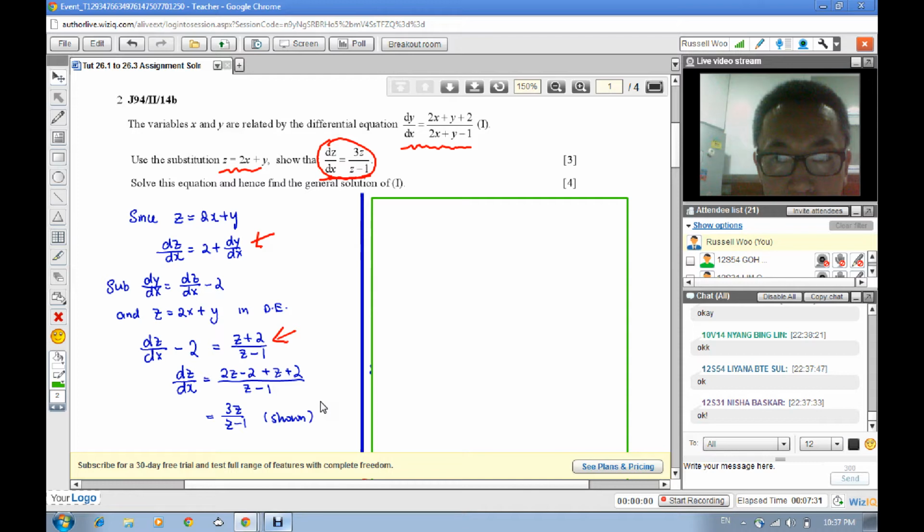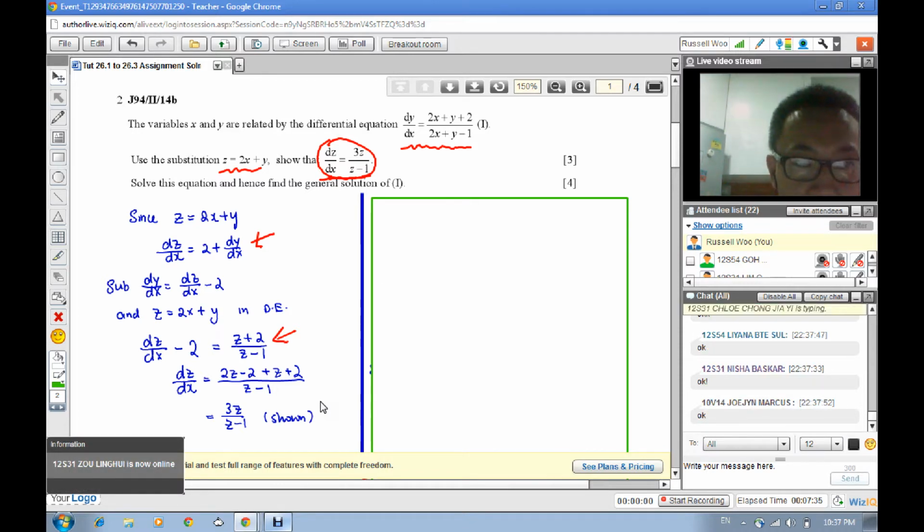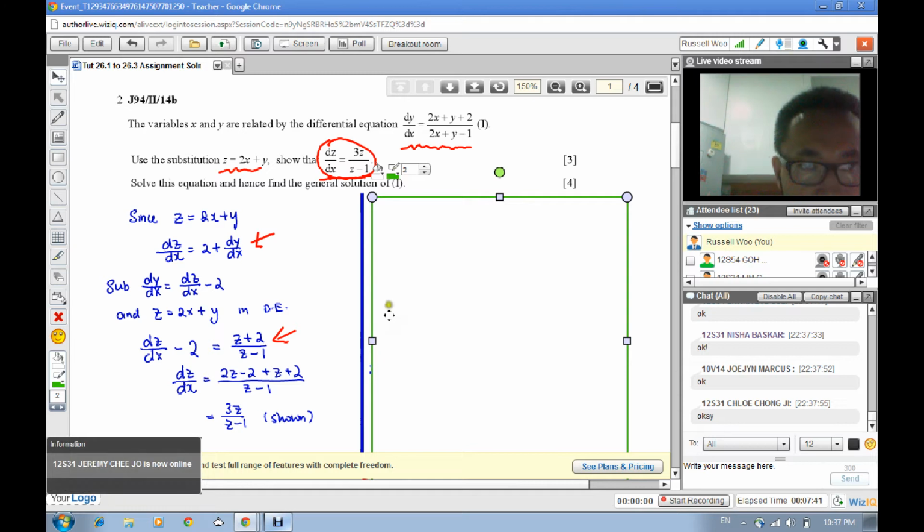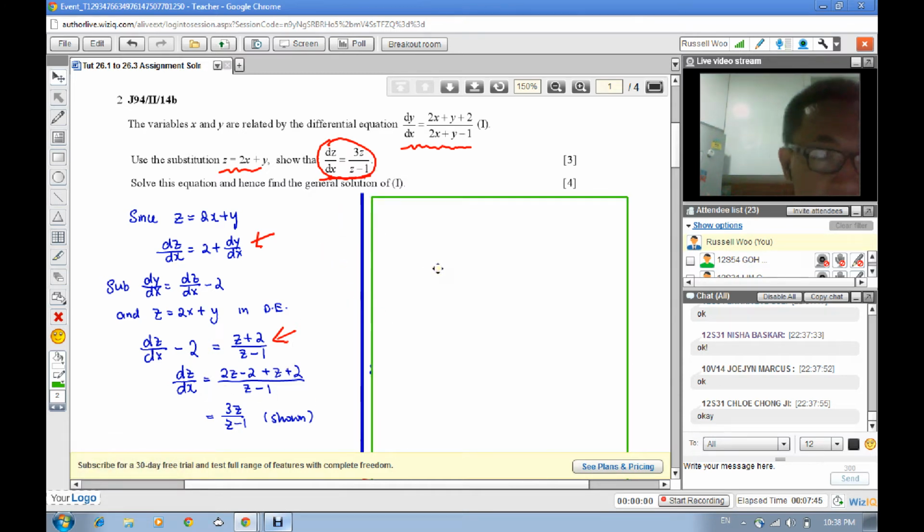Okay, now we are supposed to solve this equation. But just take note that this DE is of the second type, where your right hand side here is a function of z, not a function of x.